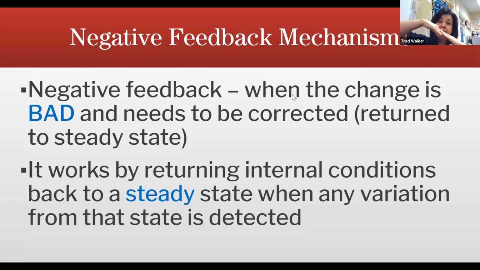And so a negative feedback loop is wanting to fix that and to bring the body back into balance, like a seesaw, okay? So a negative feedback loop will kick in and return your internal conditions back to a steady state when any variation from that steady equilibrium state is detected, just like the thermostat of the home.